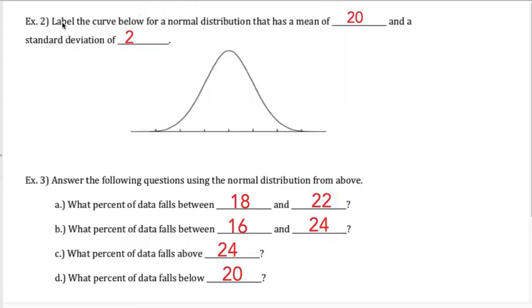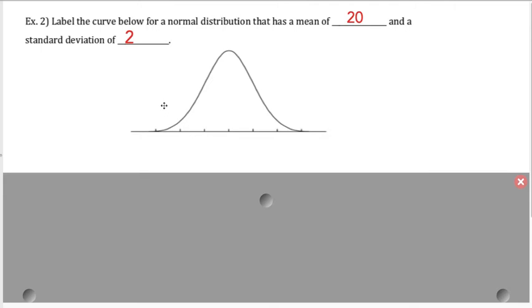So example number 2. First of all, we're just going to practice labeling this normal curve. So then I might have problems for you where I tell you that the mean is 20 and the standard deviation is 2.